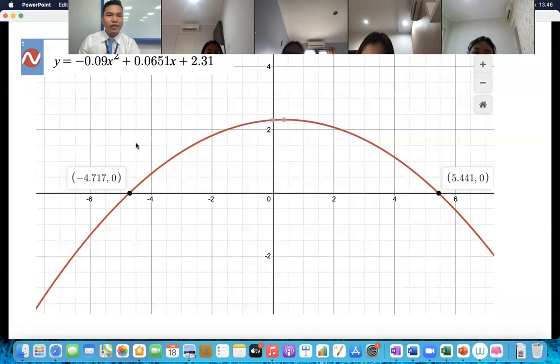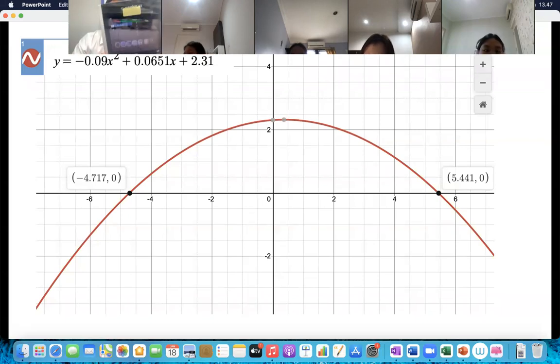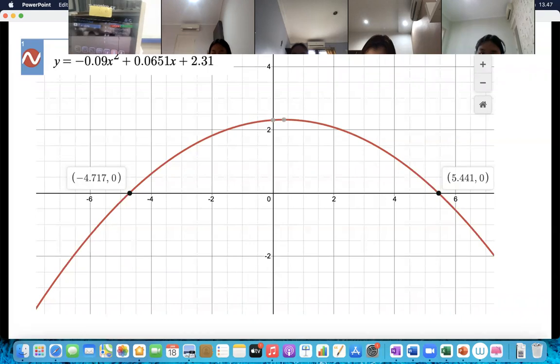How about if you use it with the TI-Nspire CX? Okay, how? What you should do is go to the calculator here. You go to calculate, and then after that, enter.